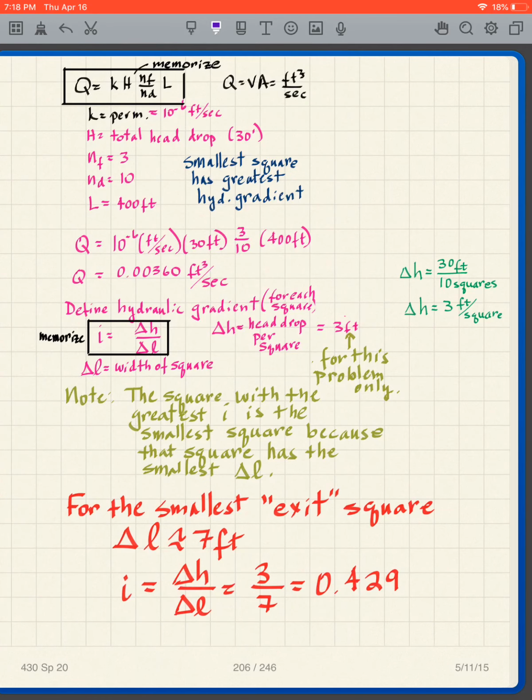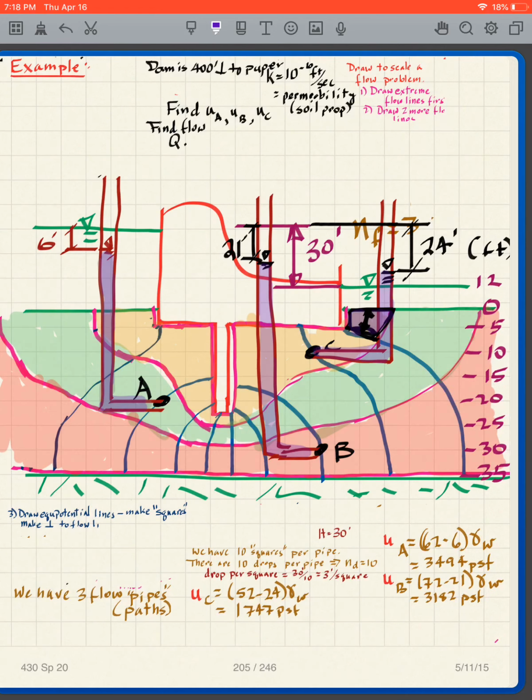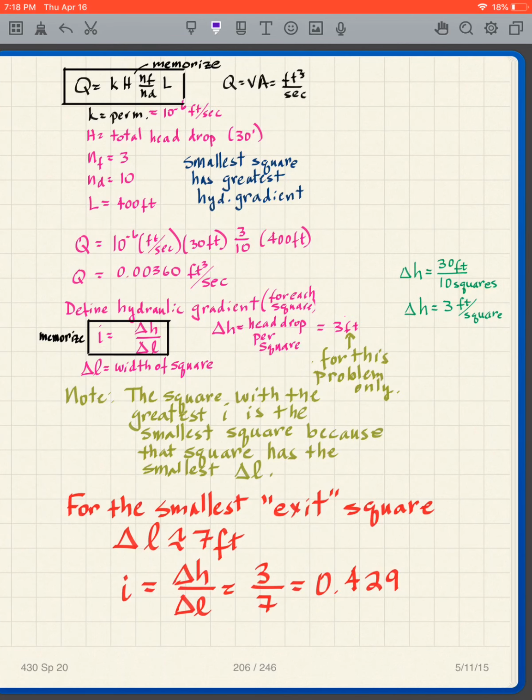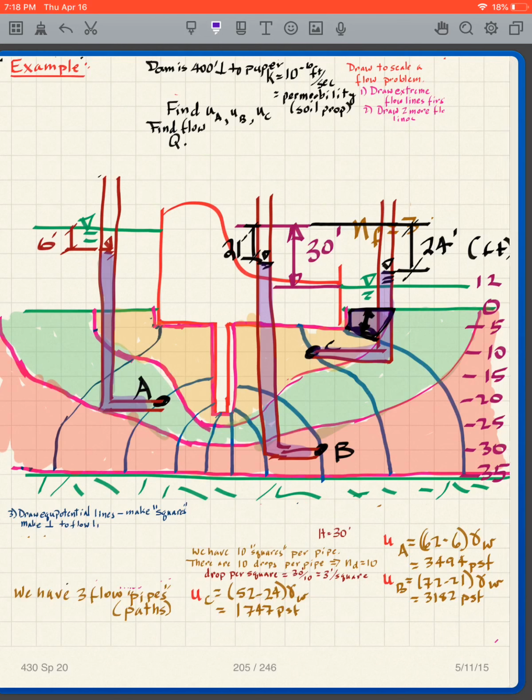So we're concerned about the smallest exit square. This is an exit square, this is an exit square, and this is an exit square. The smallest exit square is usually the one next to the dam. It's hard to say, but if I drew this to scale, the width of that square is about 7 feet.